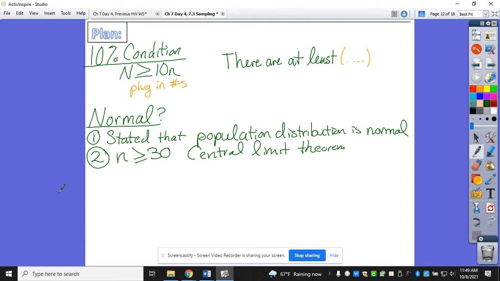So I'm going to have two options. Either the problem's going to give it to me, or it's going to be the case that my sample size is big enough. Either way, I'm going to end with what?